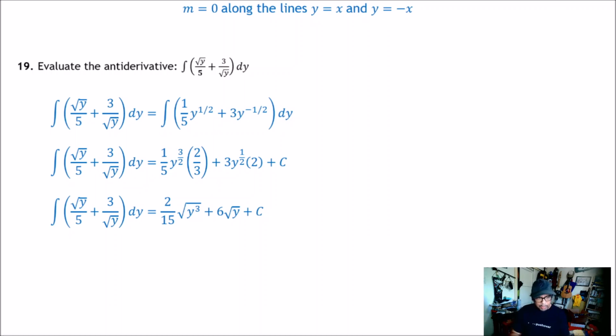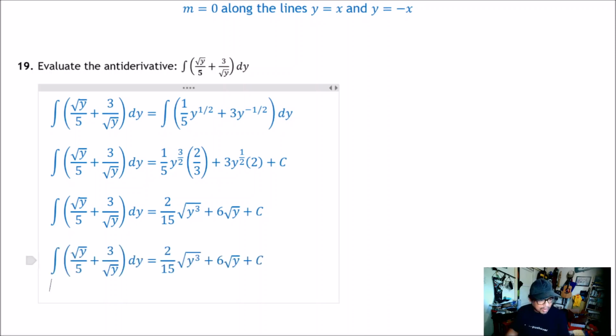However, I do want to take it one step further because I can. So let's take out a 1/15 out of this whole mess. I'm going to have to divide 2/15 by 1/15, and that's just 2.